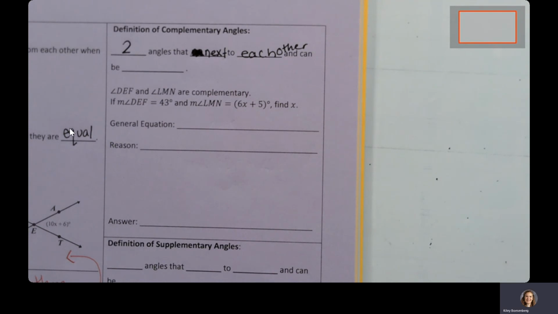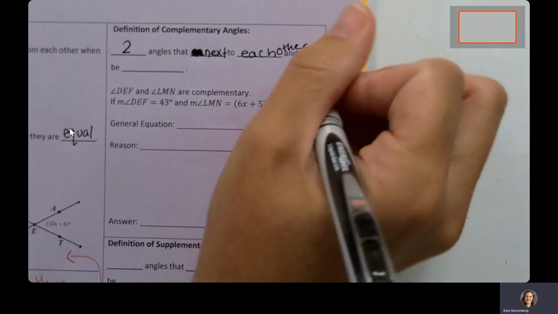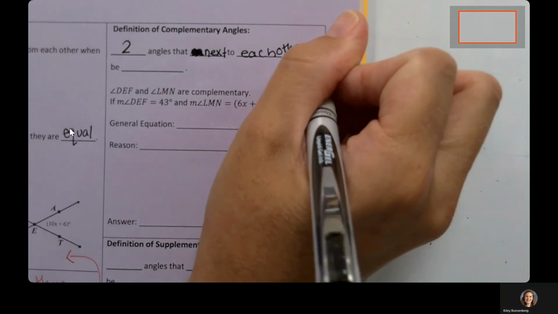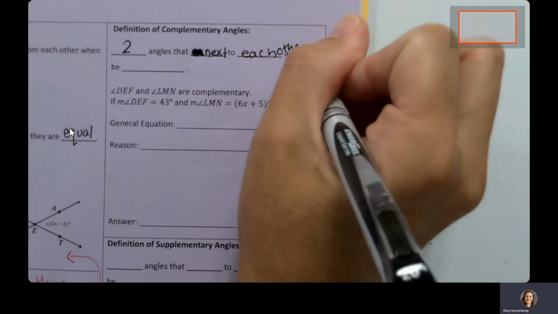Sorry, the verbiage on here is a little bit different, and I'm going to change this. Complementary angles are 90 degrees. There will be no picture. The word complementary literally means they're going to add to 90 degrees.